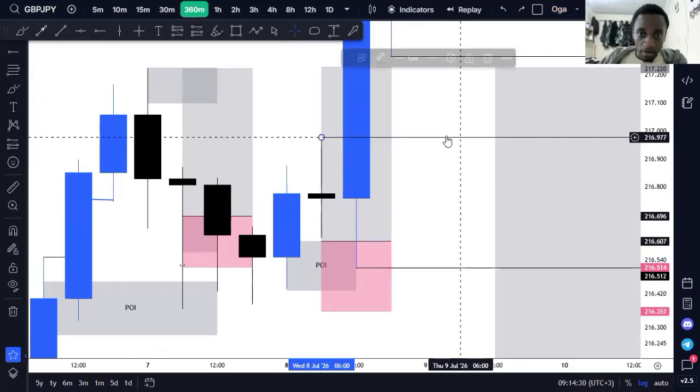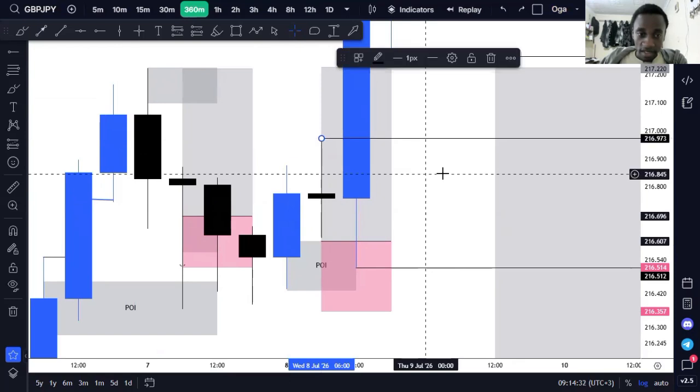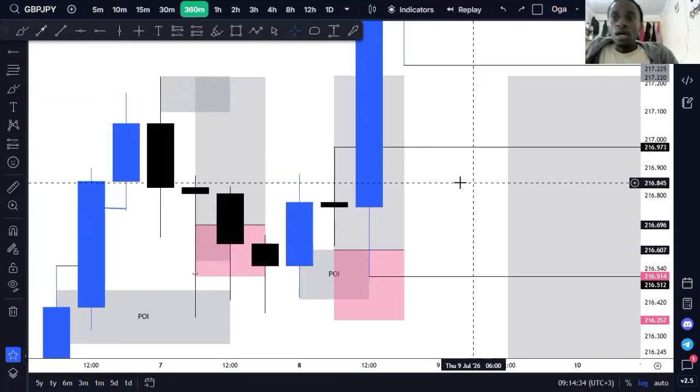Before knowing the valid areas, you need to check how the market structure looks on higher time frames as you go lower.